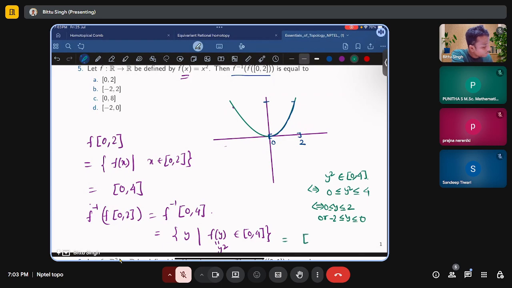So that is equivalent to saying [0,2] union [-2,0], which is the same as [-2,2]. So this whole thing becomes the solution.